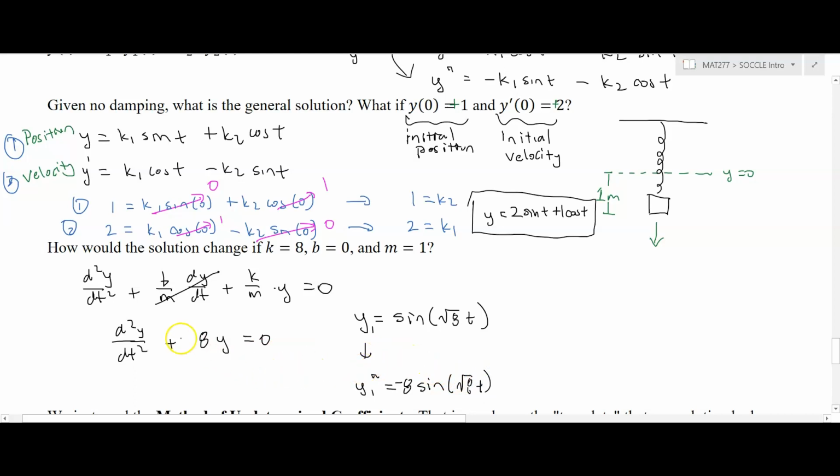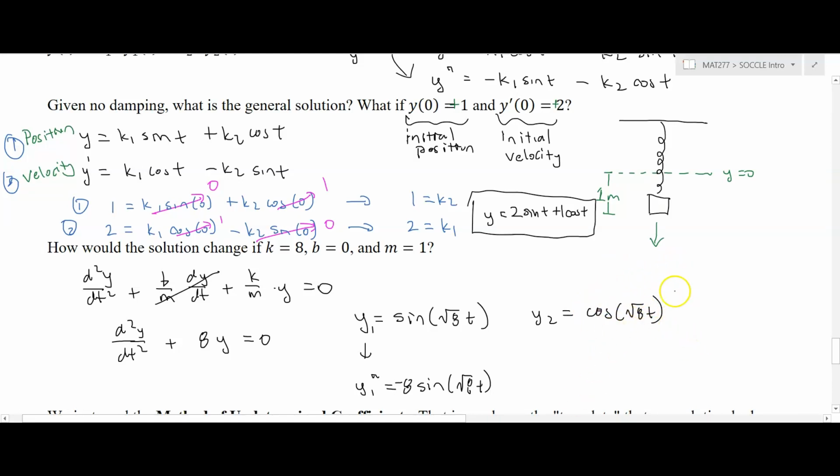Then negative 8 sine square root 8t plus 8 times positive sine square root 8t cancel out and give us 0. Also, y2 equals cosine of the square root of 8t. That's also going to work.